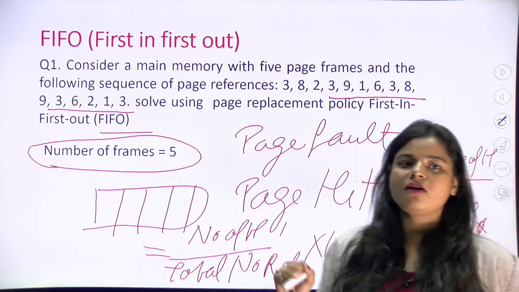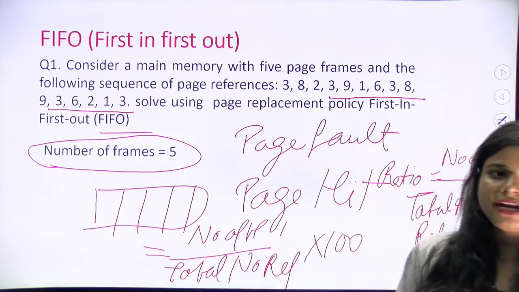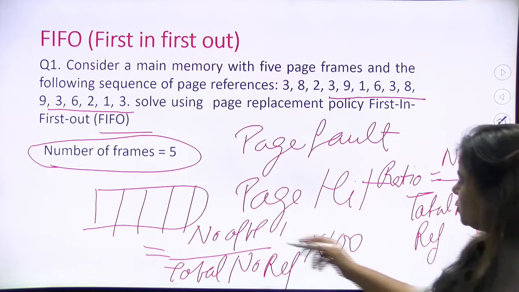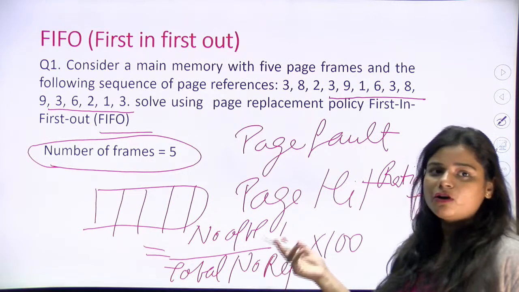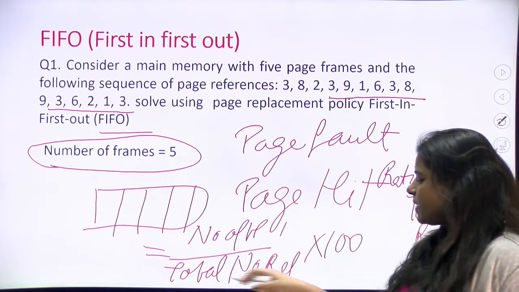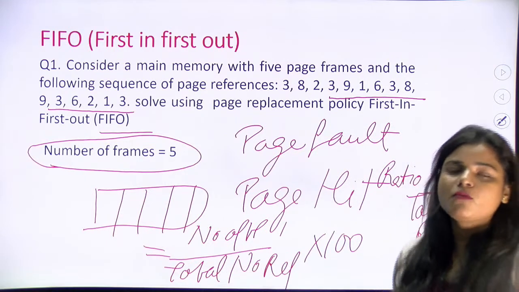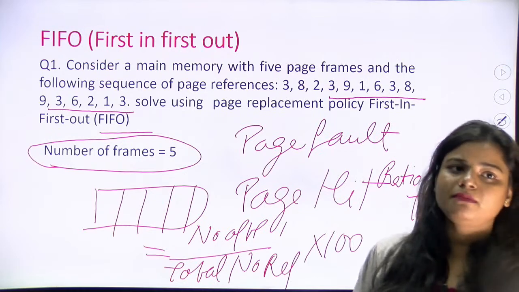This is the formula of hit ratio. And again, if we need to find the miss ratio, it is number of page faults or total misses divided by total number of references, multiplied by 100. So this is the basic formula for calculating the hit ratio and miss ratio.